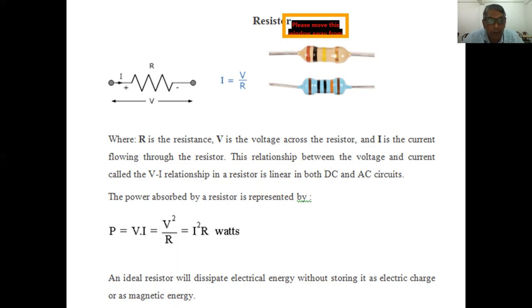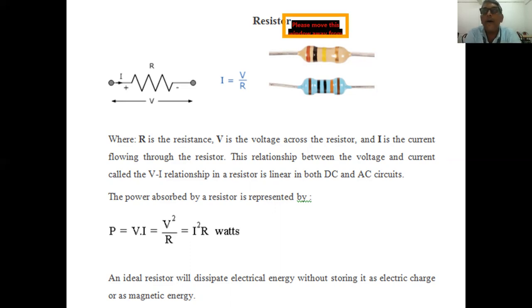Probably you might have heard about the resistor, or probably you have seen resistors. There's a symbol as we have shown here, and the resistance is always inversely proportional to the current which flows in the circuit. In a sense, the higher the resistance, the less current flows in the circuit.